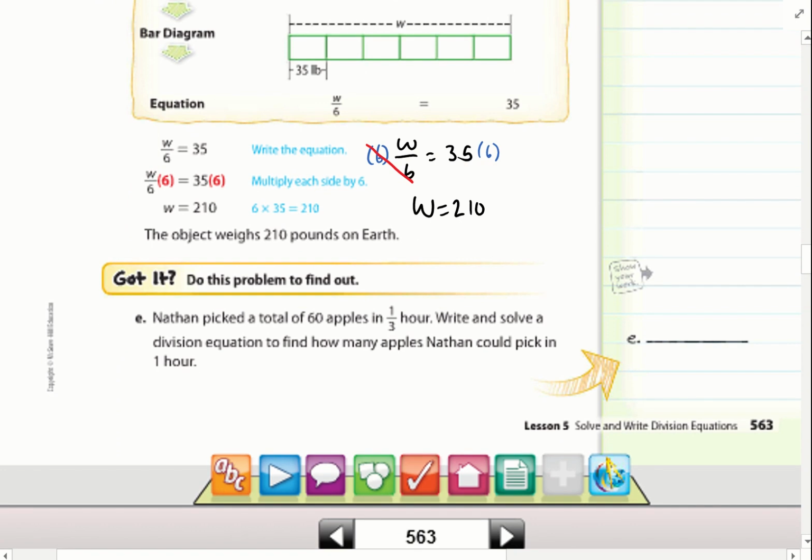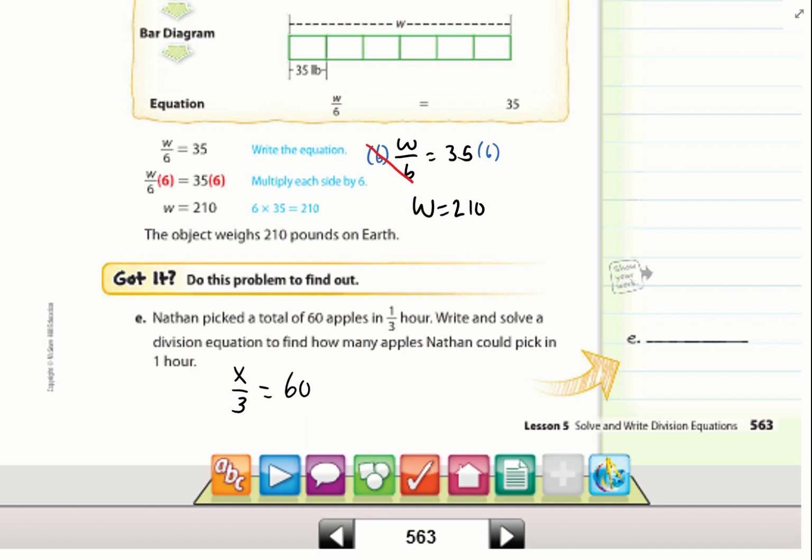So go ahead and try E. It says Nathan picked a total of 60 apples in 1/3 of an hour. Write and solve a division equation to find out how many apples Nathan can pick in 1 hour. So we have a third. So we have x over 3 is going to equal 60.